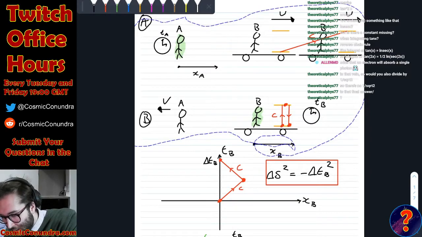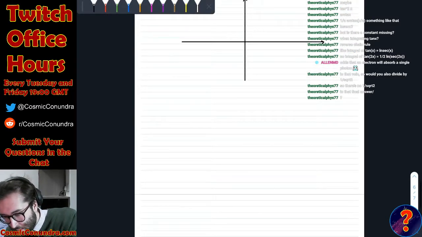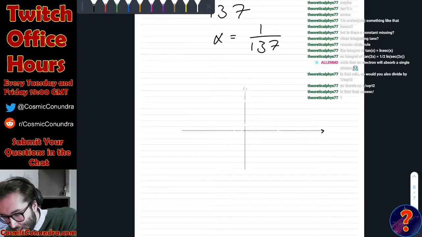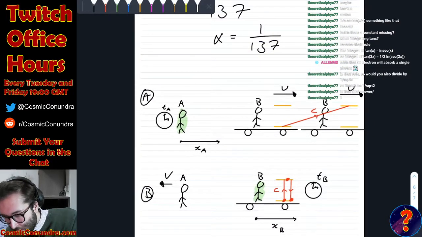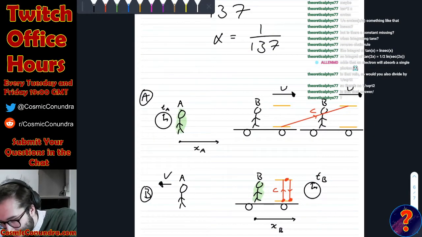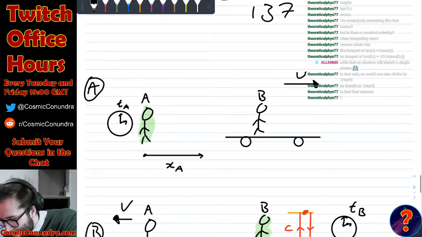So let me copy this. Let's get rid of that for a minute. So we've got this same setup, but now I'm going to get rid of the light clock and replace it with, well, let's get rid of him too. Replace it with a rod of some length.